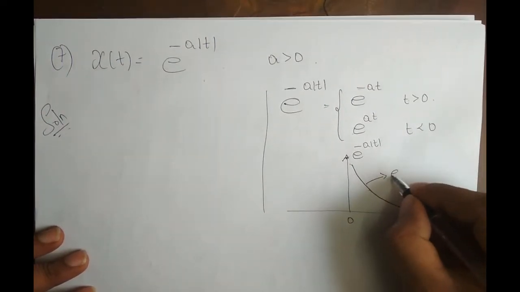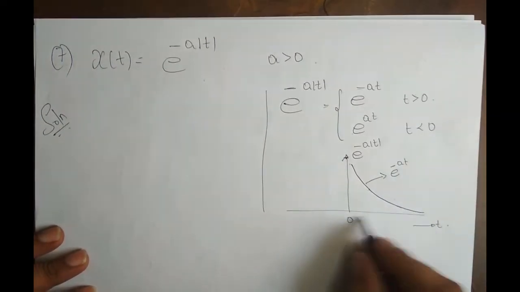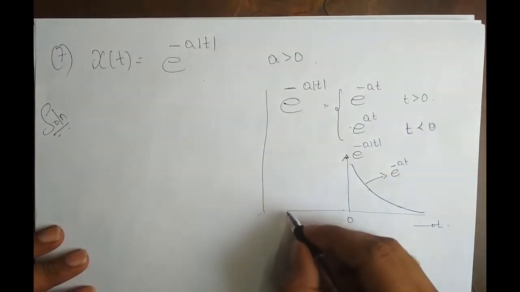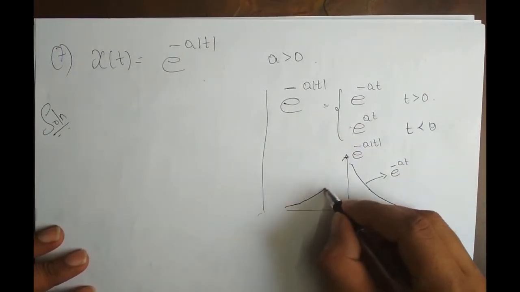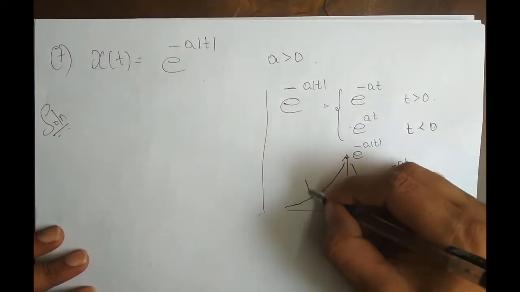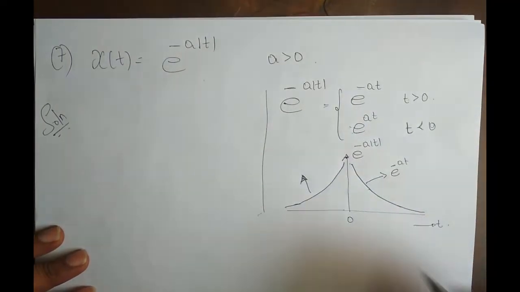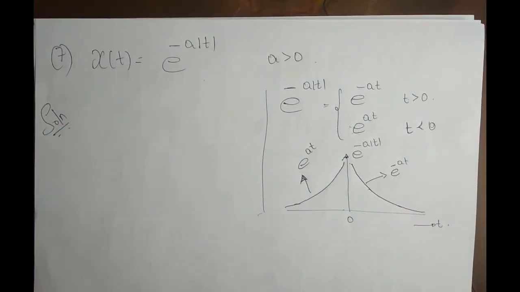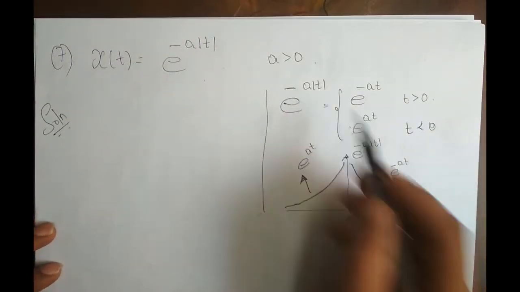So this is e power minus at for t greater than 0. What about t less than 0? For t less than 0, it is an exponentially increasing signal, and a is the rate at which it is increasing. So this is e power at. This is how e power minus a mod t is defined.